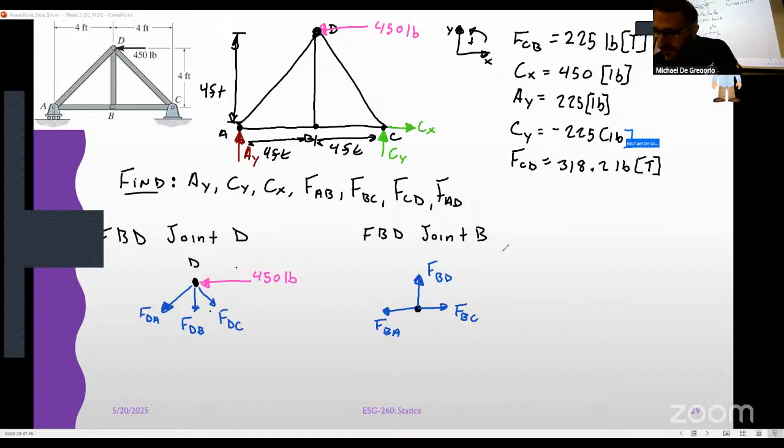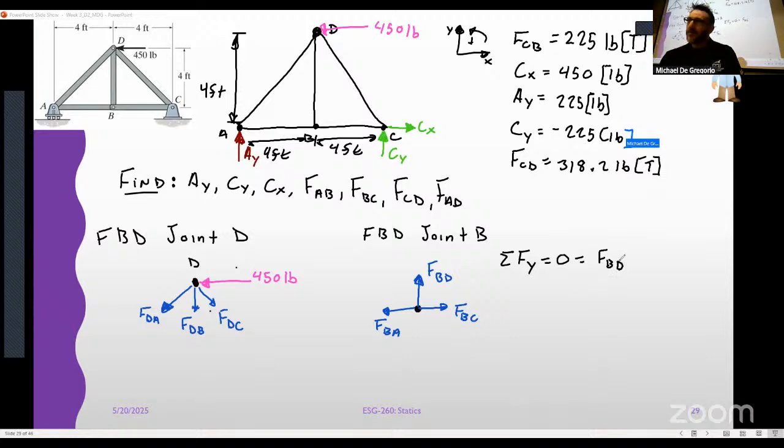Okay, well, let's start here. I'm going to sum the forces in the Y just to change it up. I've got FBD. Do I have any other forces in the Y direction here? This is zero. There's no force that is being carried through here.